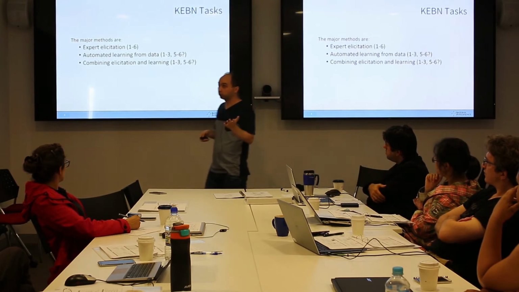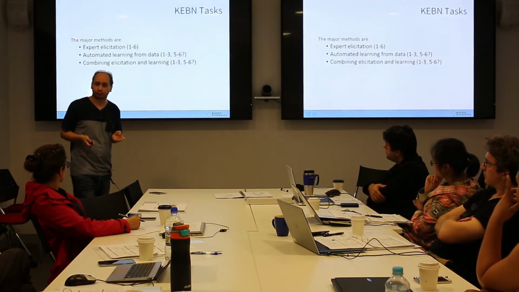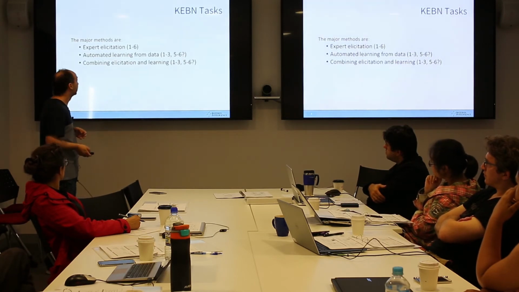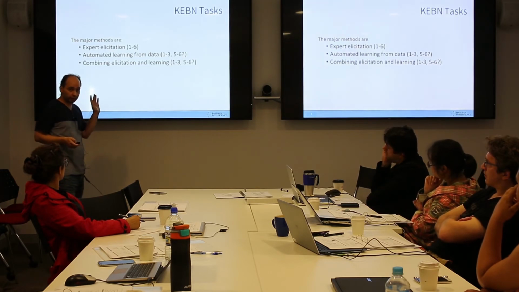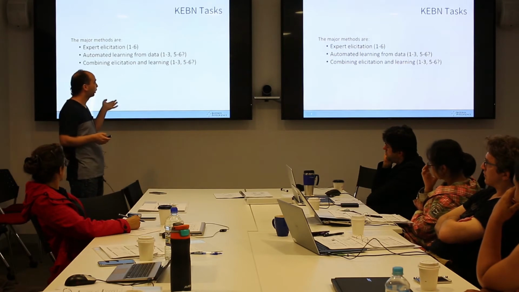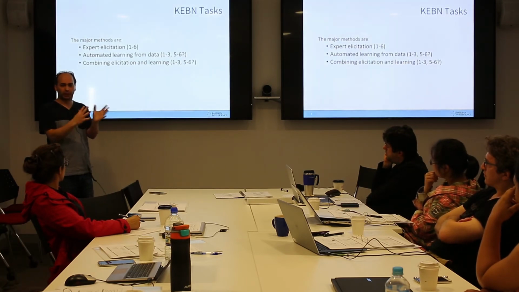You may actually develop some techniques for doing that, but that would be much later down the path. And then you can combine expert elicitation and data. We probably won't talk too much about that, but basically you're usually doing some patch between the two.